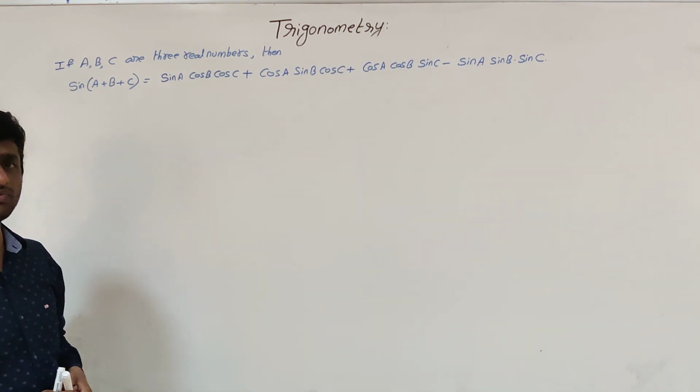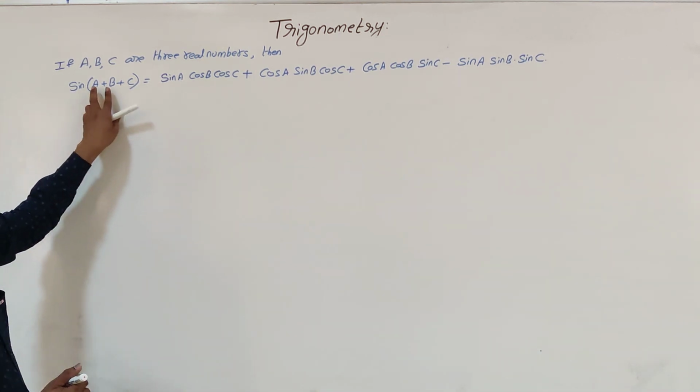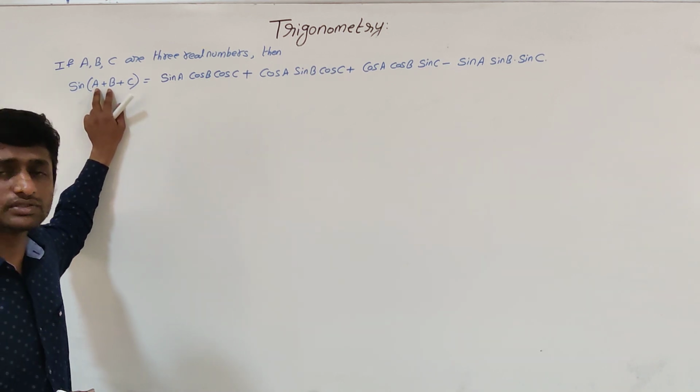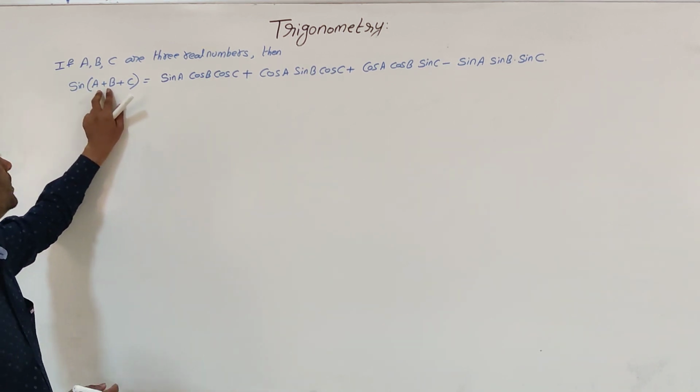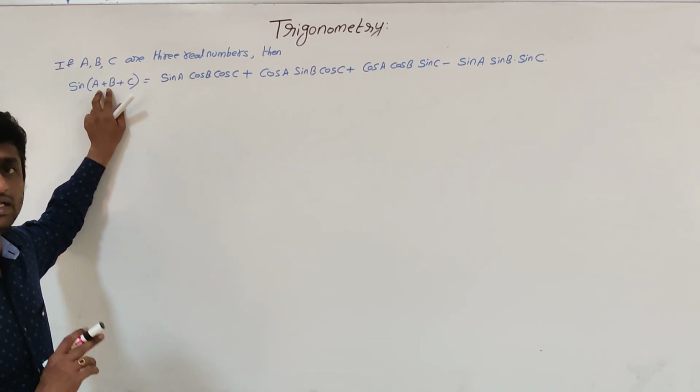We will see the proof by assuming that we know the sum of two angles. Let us treat A plus B as one angle and C as another angle.